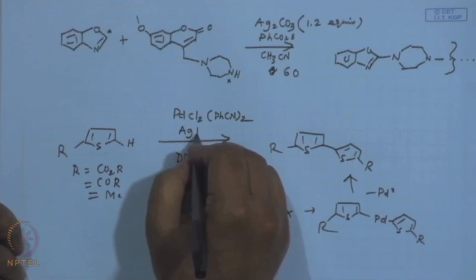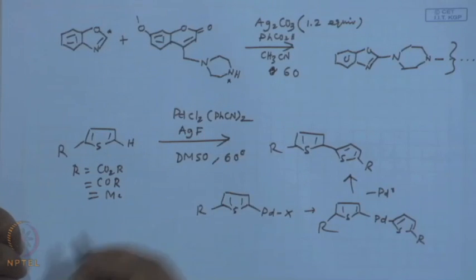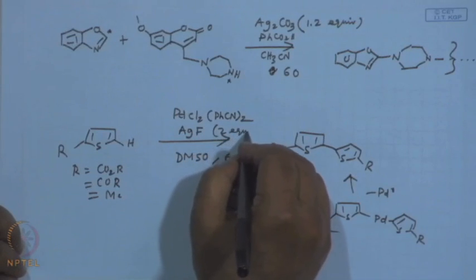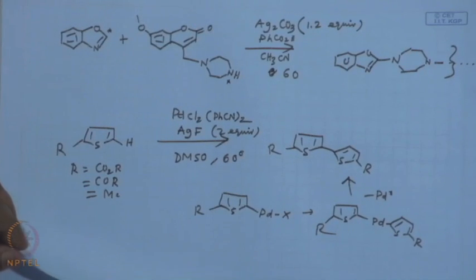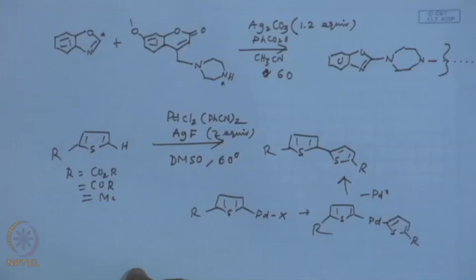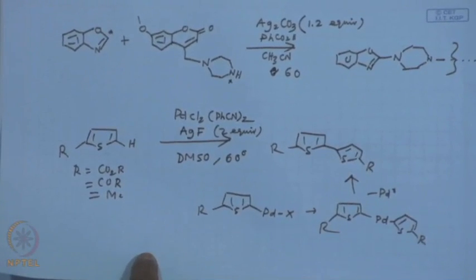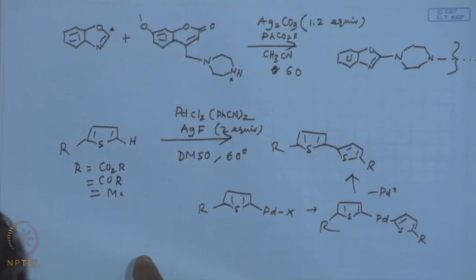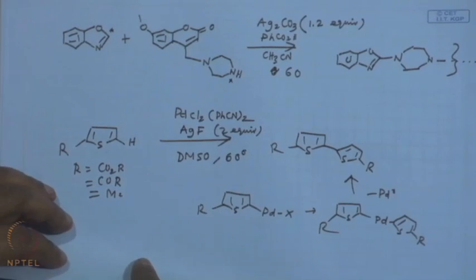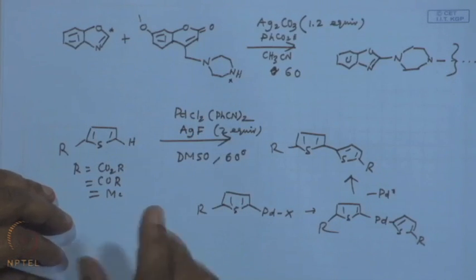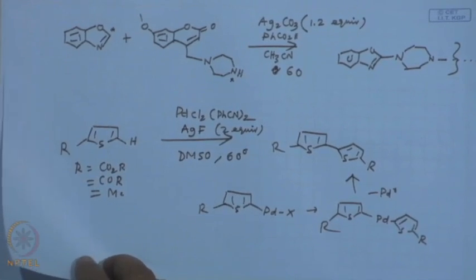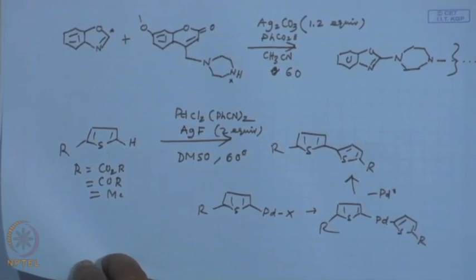Add silver fluoride, and in this case, because halogen is there, you have to use 2 equivalents of the silver fluoride. And the dichloro phenyl cyanide palladium chloride, it's a complex. And very recently something else is coming up.